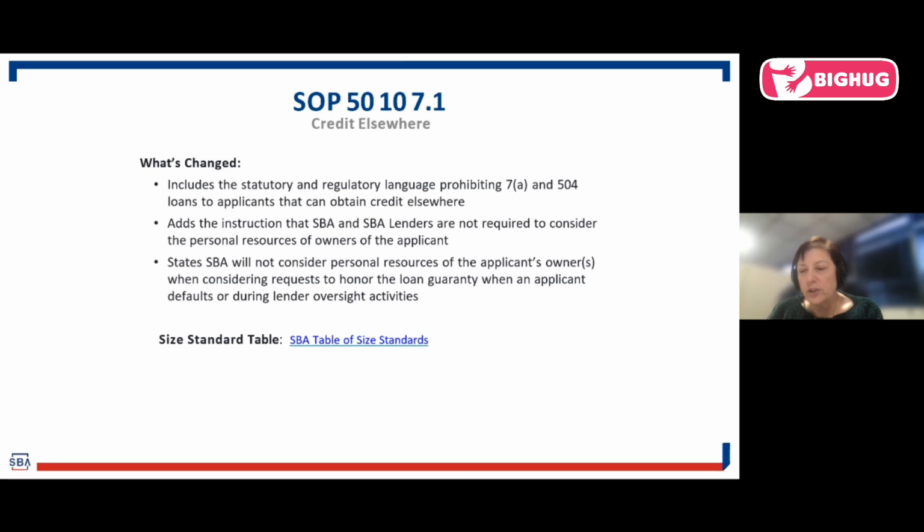One of the things that has changed fairly recently as part of our updates to the program is that the lenders no longer have to look at your personal assets, your liquidity, to make a determination on whether or not you're eligible. That's a big deal.